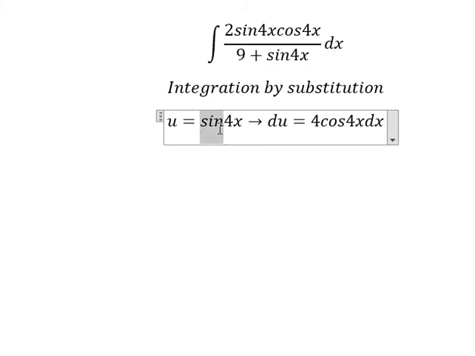The first derivative of sine is cosine, but inside of this one we have 4x. So if we do the first derivative of 4x, you get number 4 in here. Now because we don't have number 4 in here, we need to divide both sides by number 4.